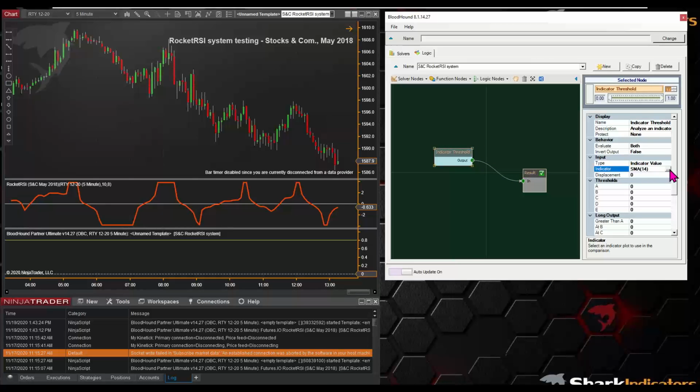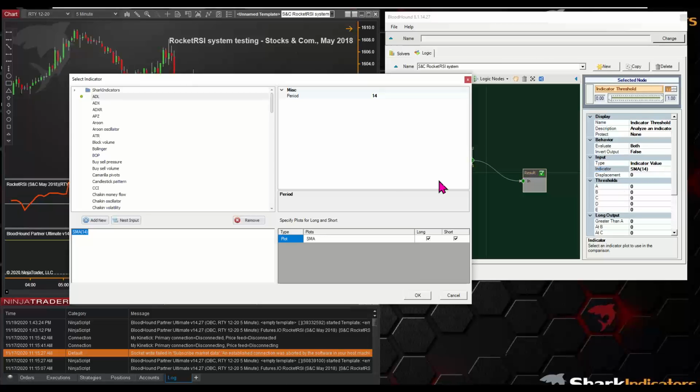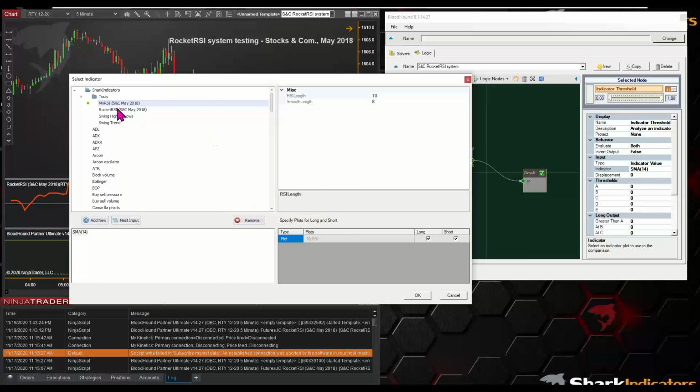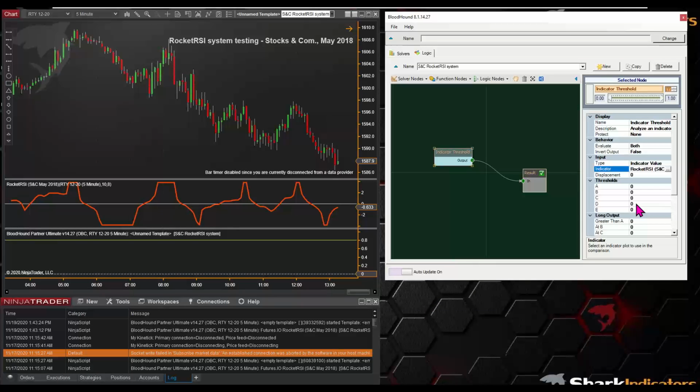Okay, so I'm going to take the Rocket RSI, and I'm going to mark in that extreme, 3.7 and -3.7, as I mentioned before.